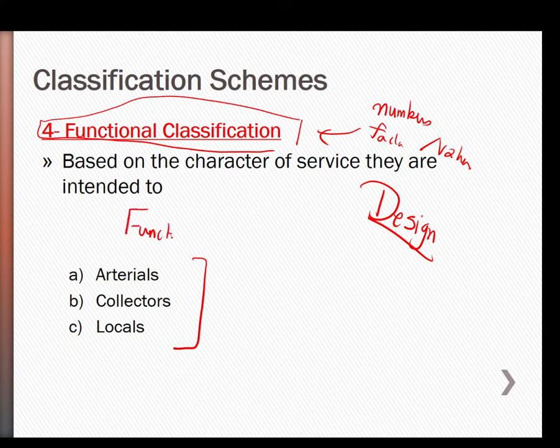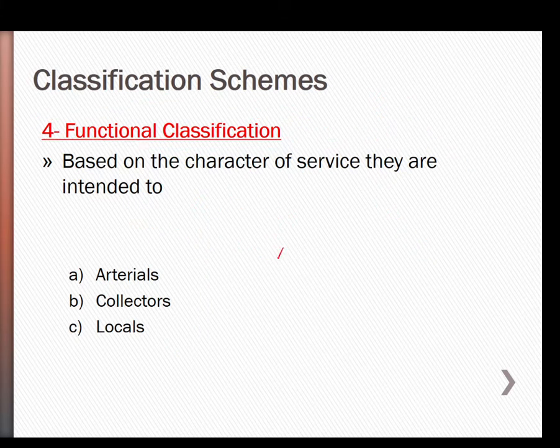And when we talk about function, we define two things: the mobility and accessibility. So, based on these two, we have three kinds of highways.